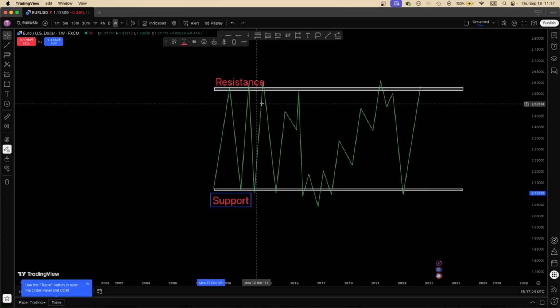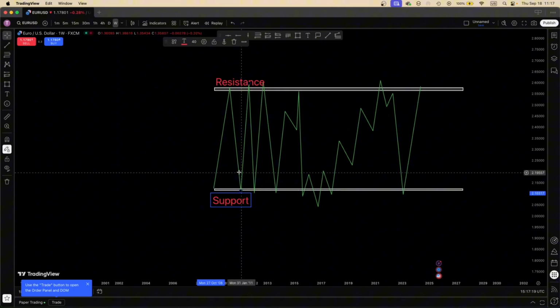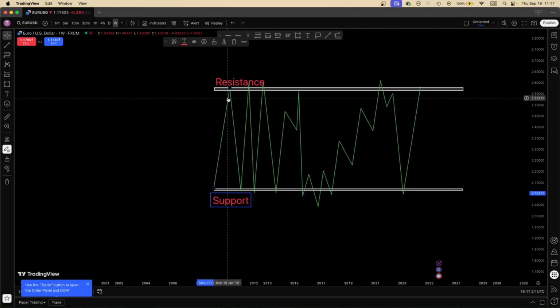Why it happens is because of what we call human memory. Those buyers who have bought at this level previously, and some of them who missed those levels when it went up, will think that when the price comes back to the support, I will be a buyer.